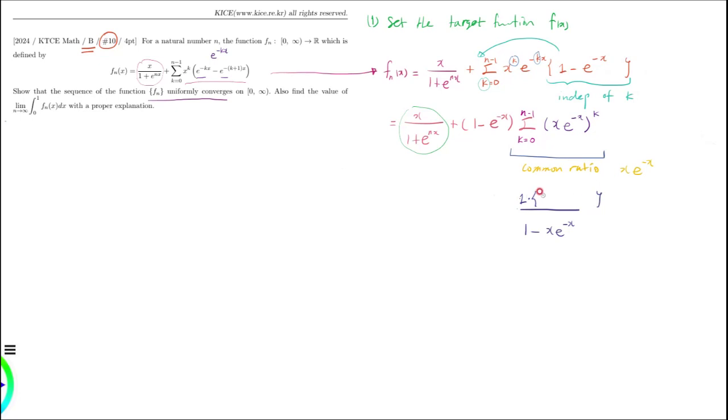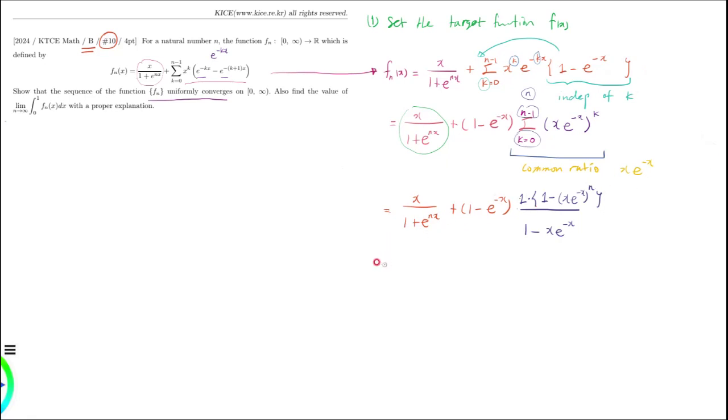The number of terms is n, from 0 to n minus 1, so it's the common ratio to the nth power. And then we have the rest, the 1 minus e to the minus x factor, and we have the fractional function x over 1 plus e to the nx power here.